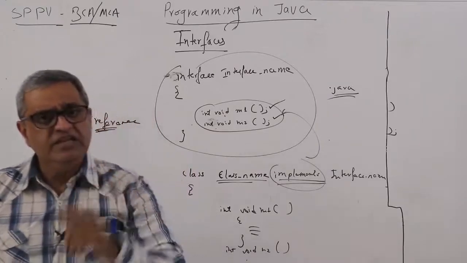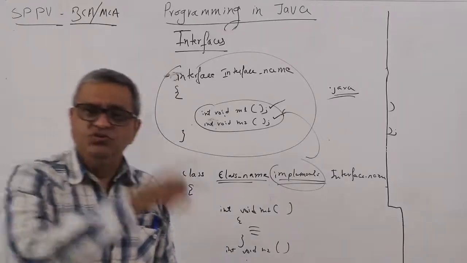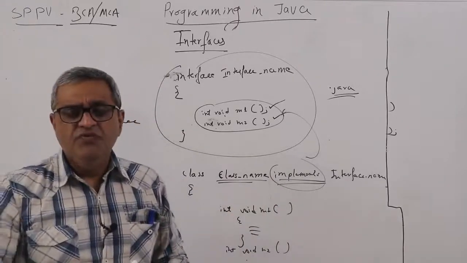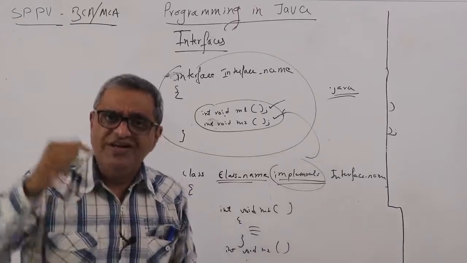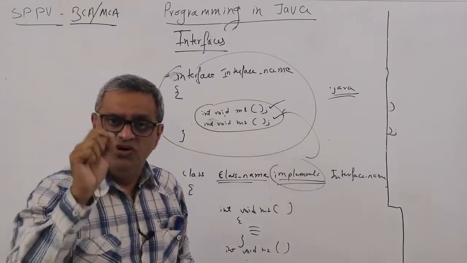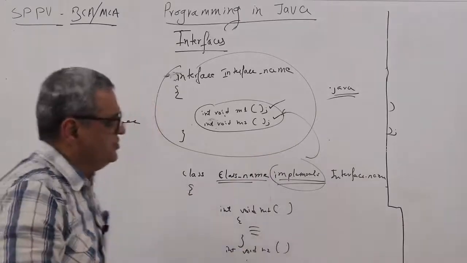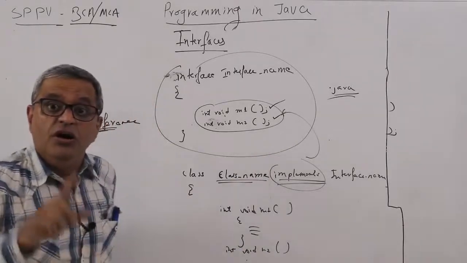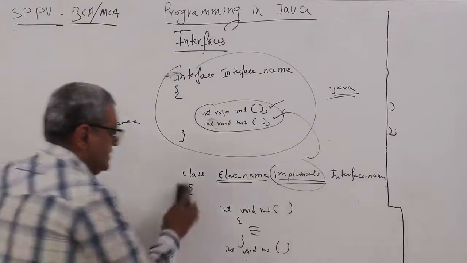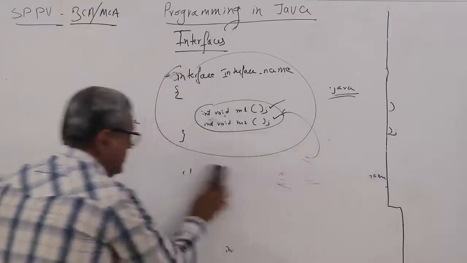Another biggest advantage, which we have seen in inheritance, is this: when we inherited one class from another, we use the word extends. On the left side of extends you have the child class, whereas on the right side you have the parent class.